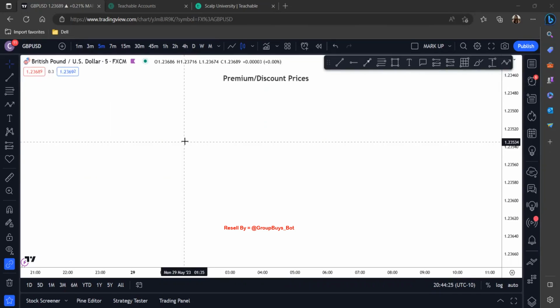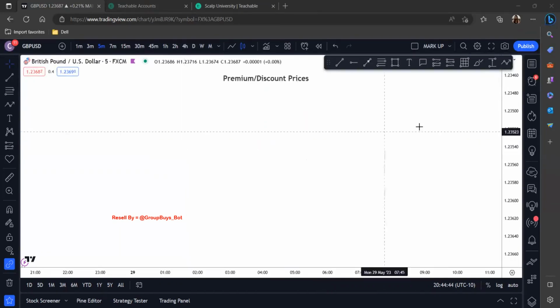So if a price is cheaper to buy at, normally the bigger institutions would want a better price within that trading range. Vice versa, they would want to sell at a premium price for a bearish market.